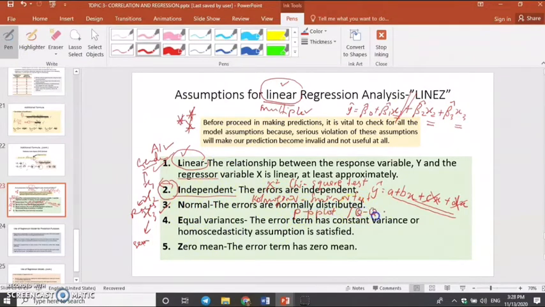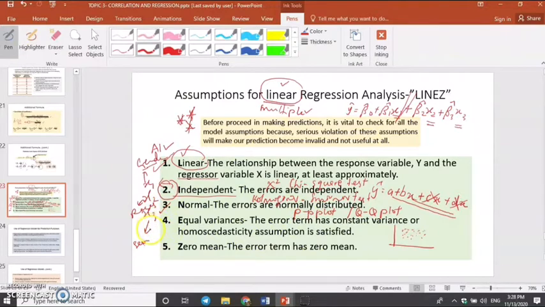or a QQ plot. When you perform a PP plot or QQ plot, the plotting must be scattered, homogeneous, with no pattern. So when the PP plot is like this, we say that the data is coming from a normal distribution.